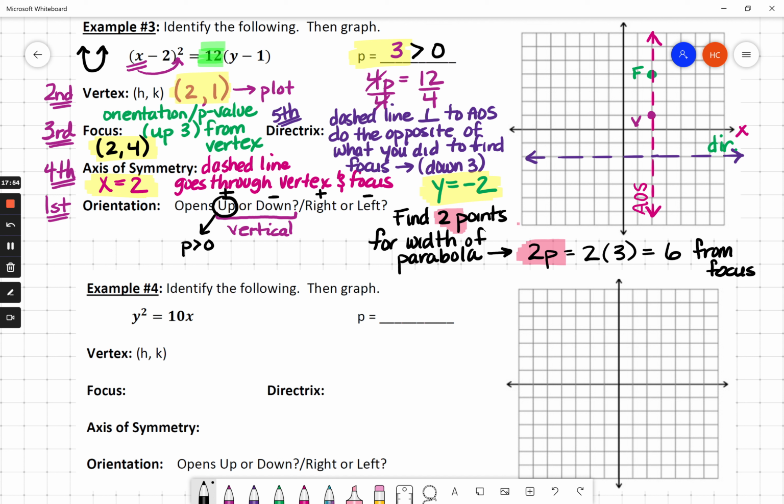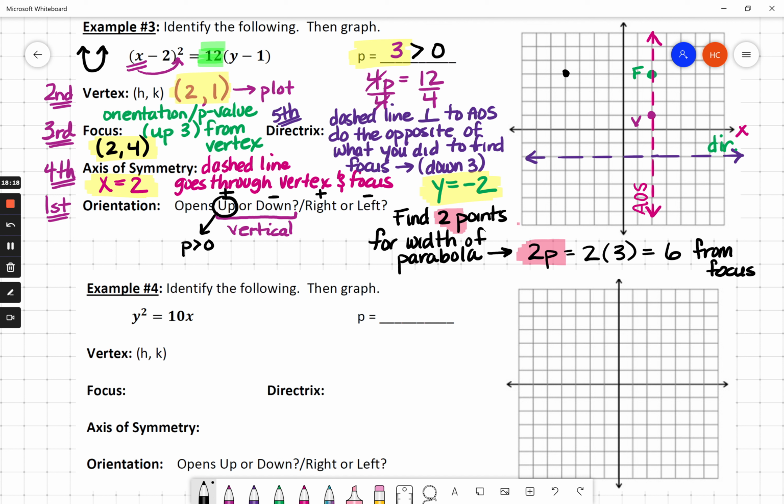Since it was an upward facing graph, I know that I'm going to put points on this side and on this side of my parabola. So here's what I mean. From the focus, I'm going to count 6 to the left, 1, 2, 3, 4, 5, 6, and put a dot.